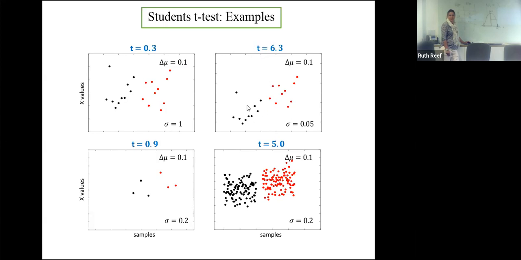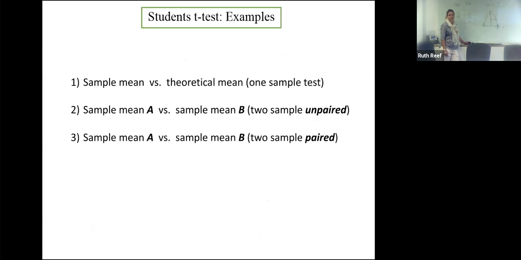That's where I have little spread around the mean, and where I have high population sizes. Of course, the difference in the mean is the same everywhere I look, but in these two, I cannot detect the difference. I just don't have enough confidence. The p-values are not going to be below 0.05. The chance of me getting a t equals 0.3 is actually quite high.